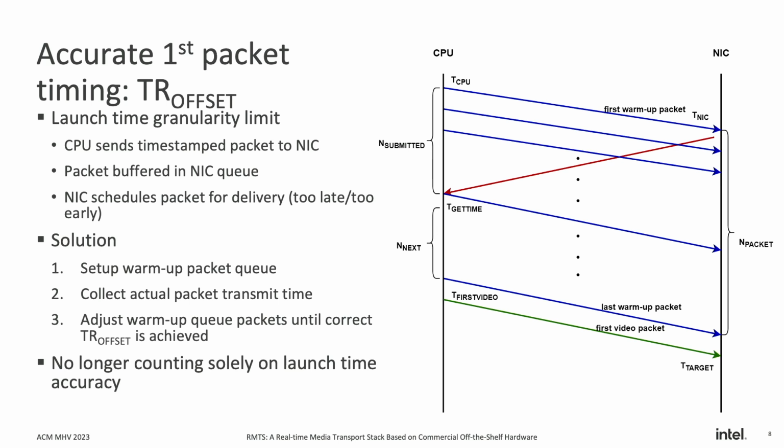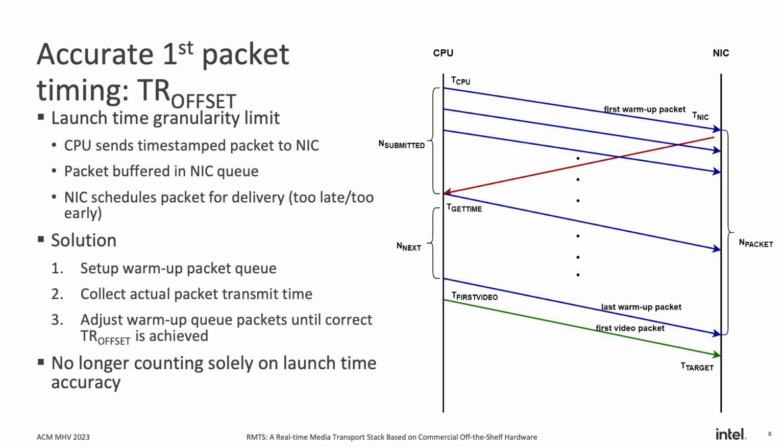Okay, so now we talk about how do we get that first packet to go out before the interpacket gap pacing begins. And to do that, we also do a profiling of the queues, and we start to put packets in there, and we can set the NIC to tell us precisely at what time the packet was actually sent on the wire.